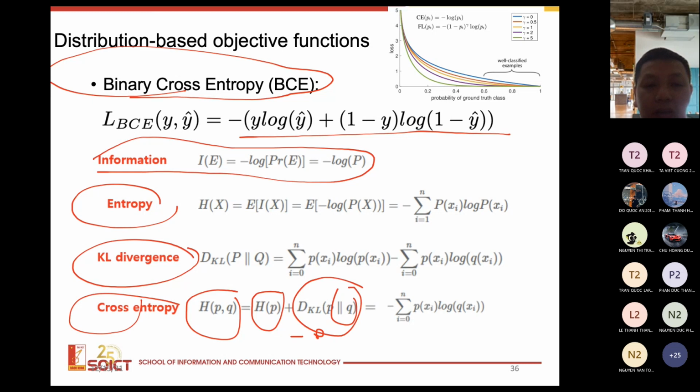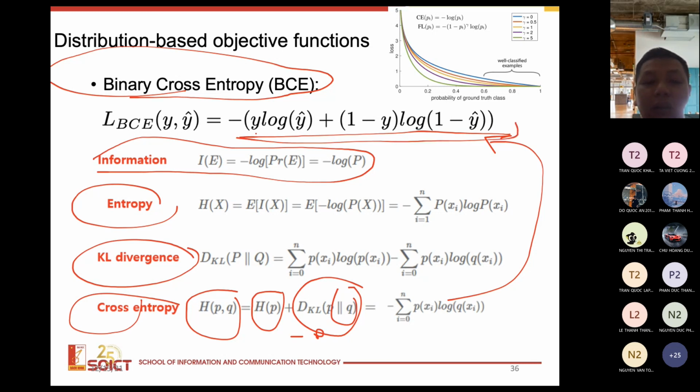So for binary cross entropy, we have two values, 1 or 0. So when we apply it to that specific situation, we can have this formulation, right?